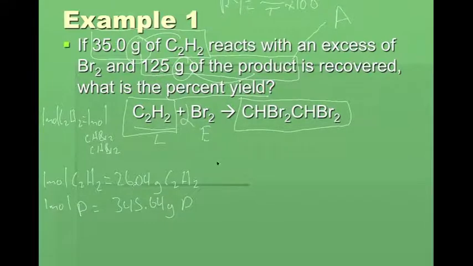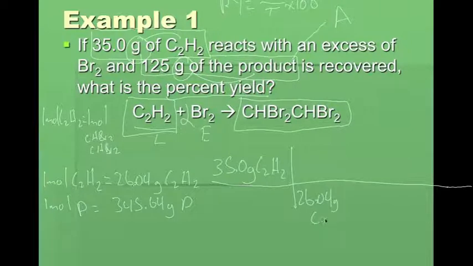We're starting with 35.0 grams of our limiting reactant, and we want to figure out the amount of our product. We have grams of C2H2, so we put 26.04 grams of C2H2 on the bottom and 1 mole of C2H2 on top.